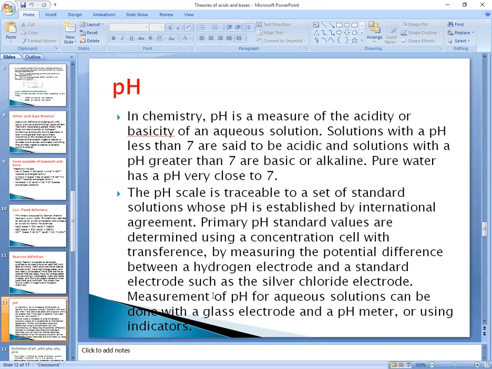Litmus paper निकालने के बाद हमारे पास pH color chart होते हैं. उस color chart के साथ हम color of the indicator या pH paper match करके बता सकते हैं कि what's the pH of a solution.